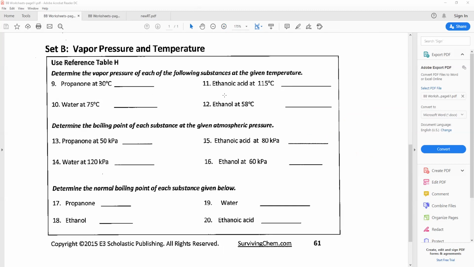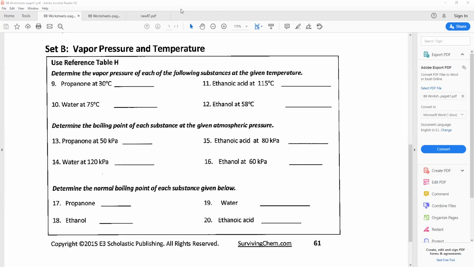Let's go on to the second part, vapor pressure and temperature. This is just reading the graph. Determine the vapor pressure of each of the following substances. So we're going to have to go to the temperature and find propanone at 30 degrees Celsius.